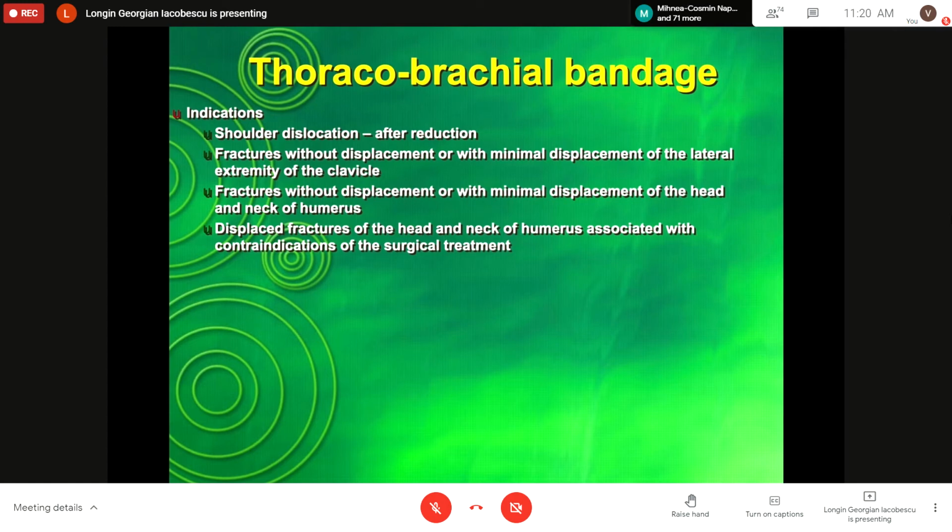This is the role of this type of classification. So my question was, what are the Neer criteria? Angulation more than 45 degrees and displacement of more than 1 millimeter.